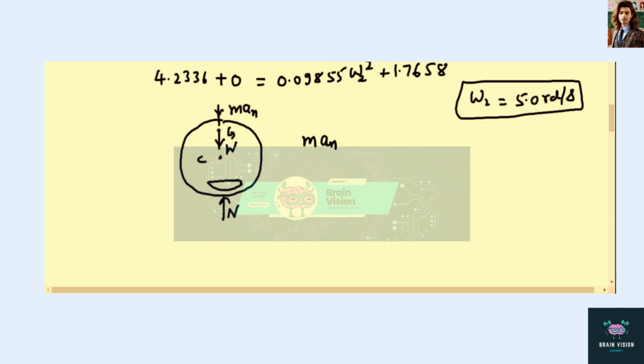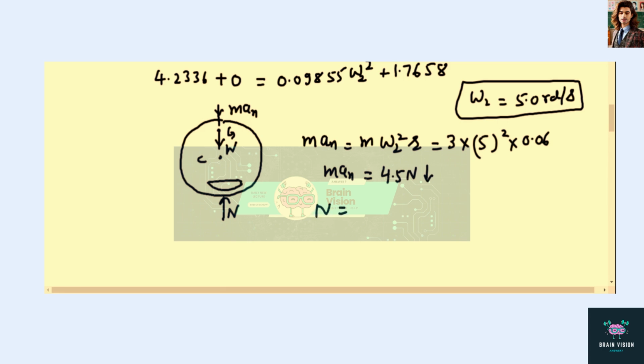Calculation of m r omega 2 squared. Mass is given 3 kg. Omega 2 is 5, into 0.06. So it would be 4.5 Newton in downward direction.